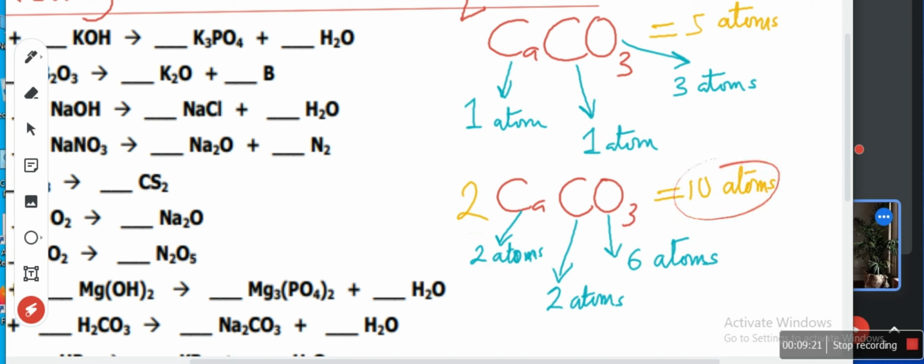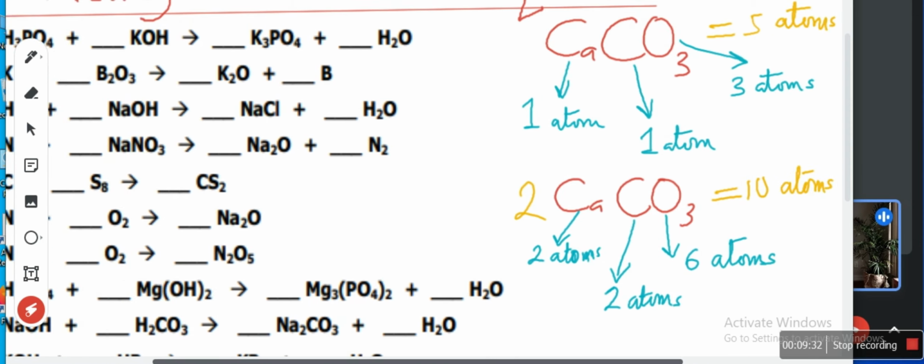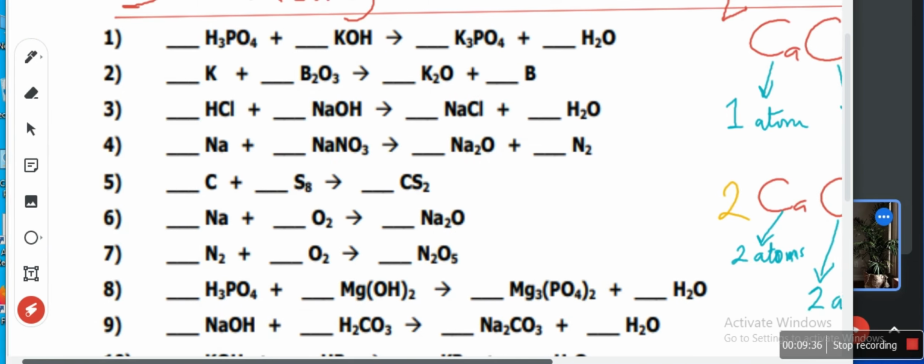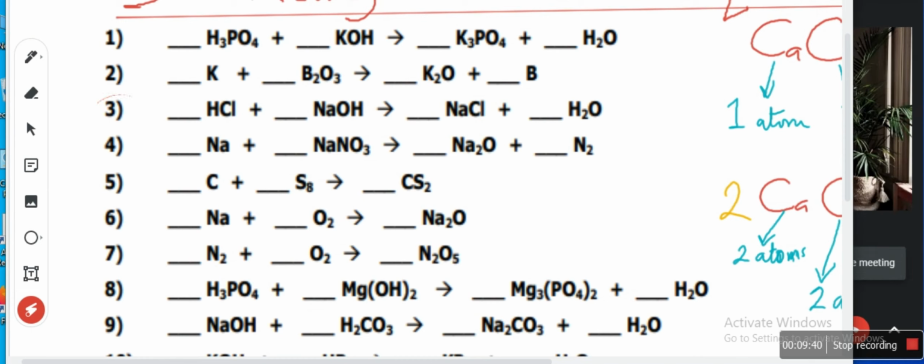That gives us 10 atoms altogether. Okay, so you need to take note of all this. So I was trying to tell you something about number 3.